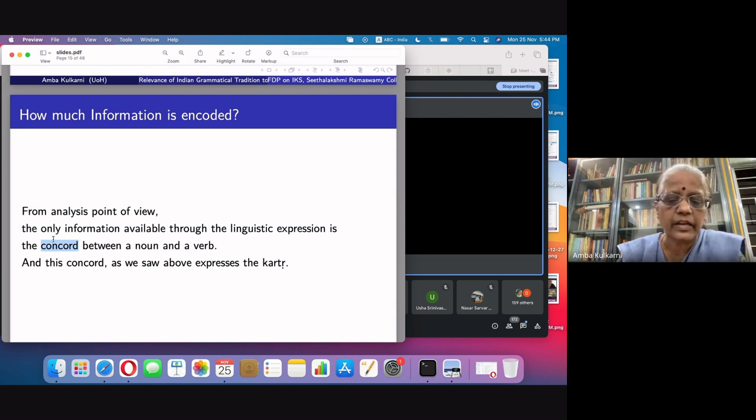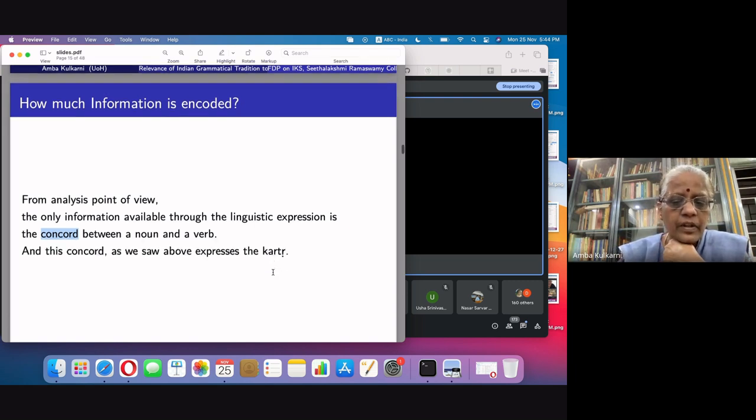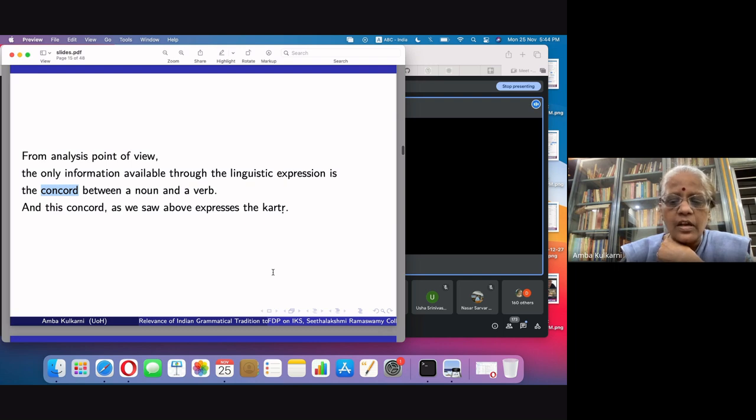And this agreement is, according to Panini, a karta. So when we say that this cooker cooks, cooker becomes the karta or the doer of the activity of cooking. Or when we say the gas cooks, the gas becomes the karta or the doer of the activity of cooking. And here cooking refers to supplying the fuel.